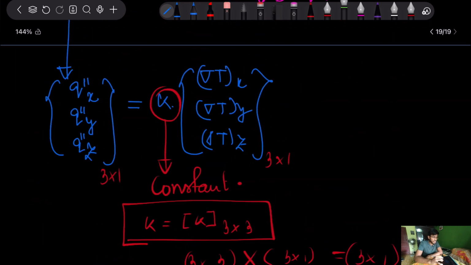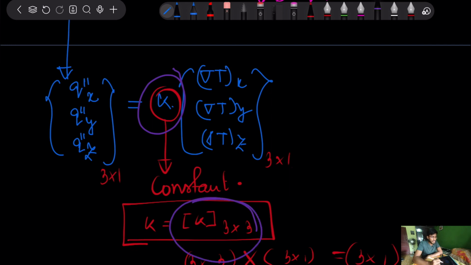So I have seen that mathematically I have two options: this K can be a constant, or this K is a 3 into 3 matrix. So let us see where these two cases can happen.